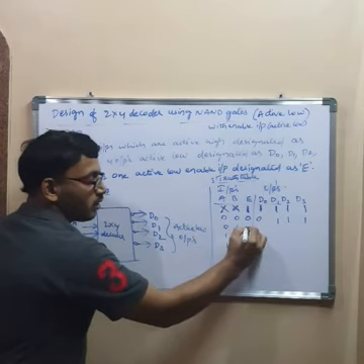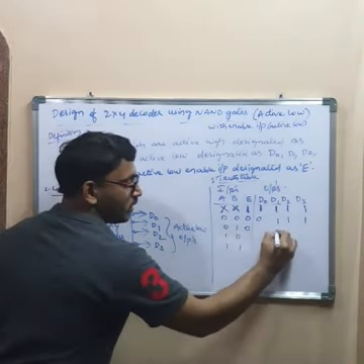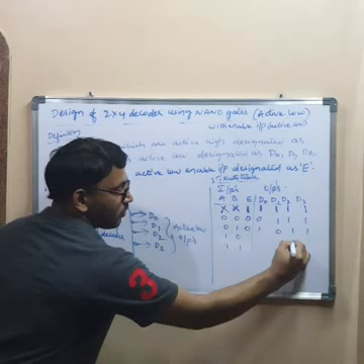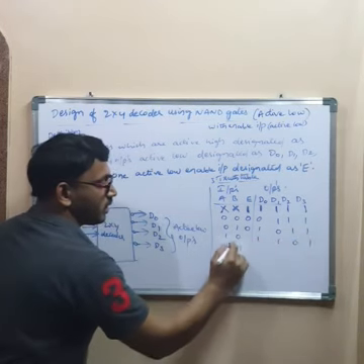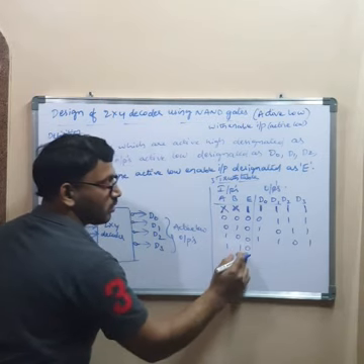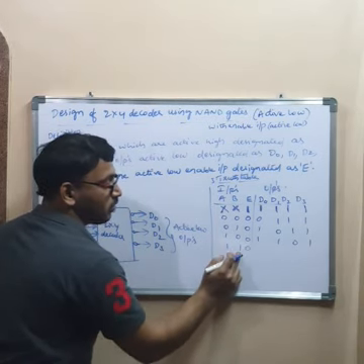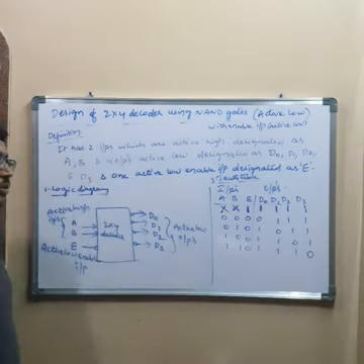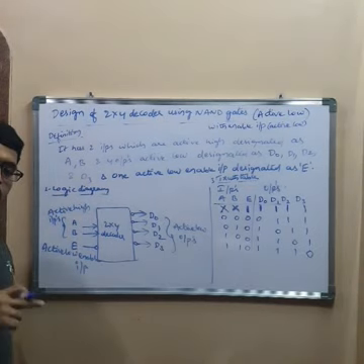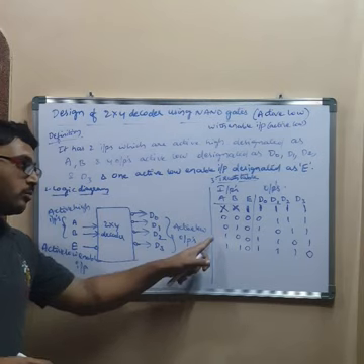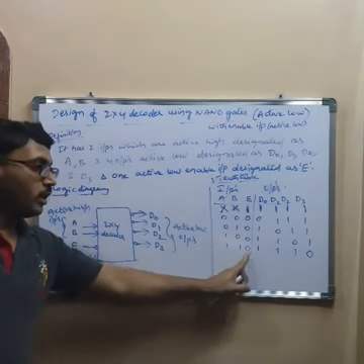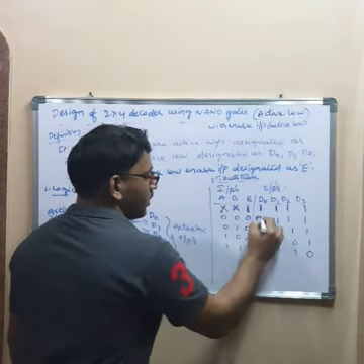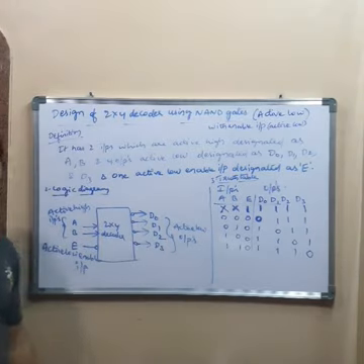I have applied 0, 1 and activated enable input: D1 is activated, remaining all are deactivated. 1, 0: D2 is selected. 1, 1: D3 is activated in the output and the remaining all are deactive. So we are talking about an active low 2x4 decoder. It has active high inputs, but the outputs are active low and enable input is active low. In case of active low, 0 is nothing but activated, 1 is nothing but deactivated.